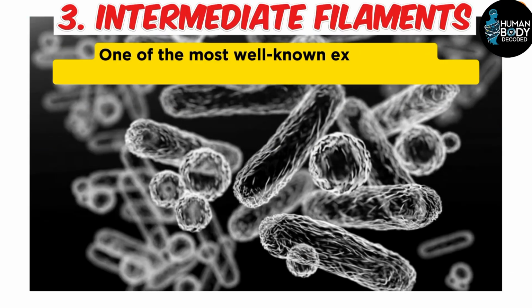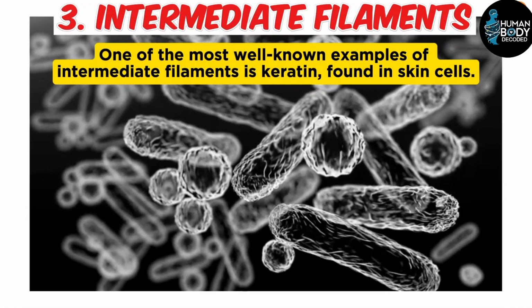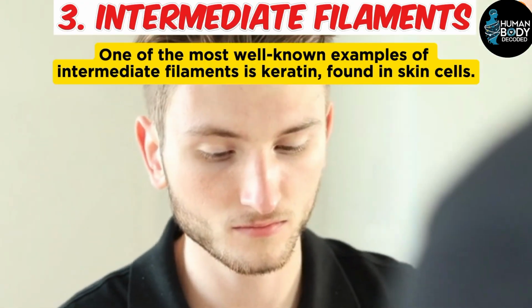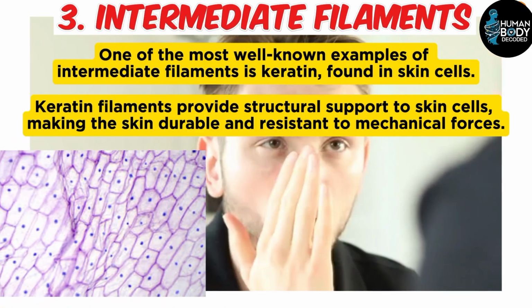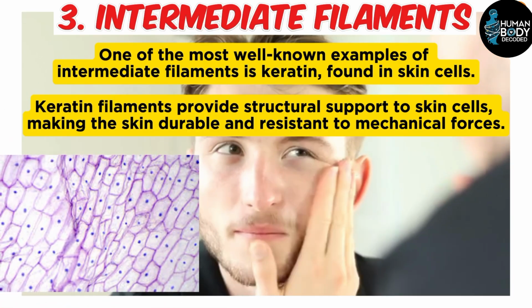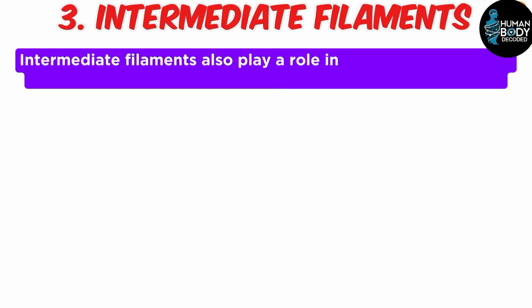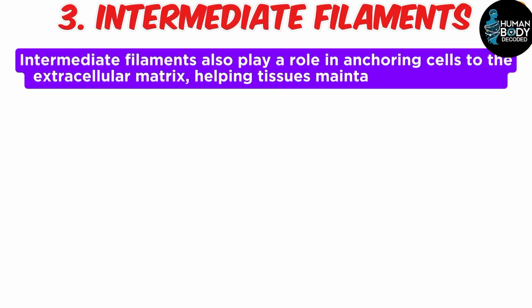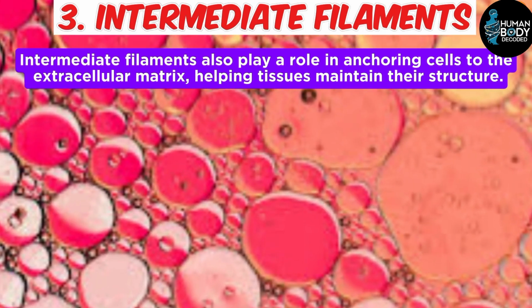One of the most well-known examples of intermediate filaments is keratin found in skin cells. Keratin filaments provide structural support to skin cells, making the skin durable and resistant to mechanical forces. Intermediate filaments also play a role in anchoring cells to the extracellular matrix, helping tissues maintain their structure.